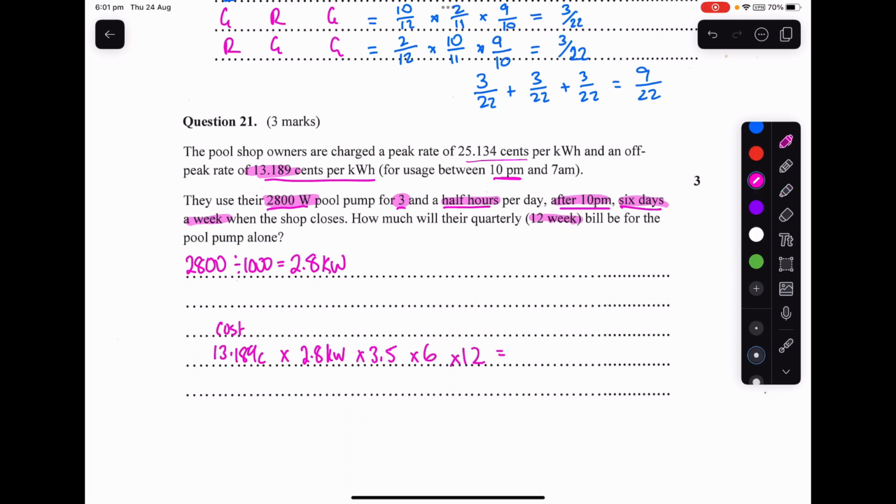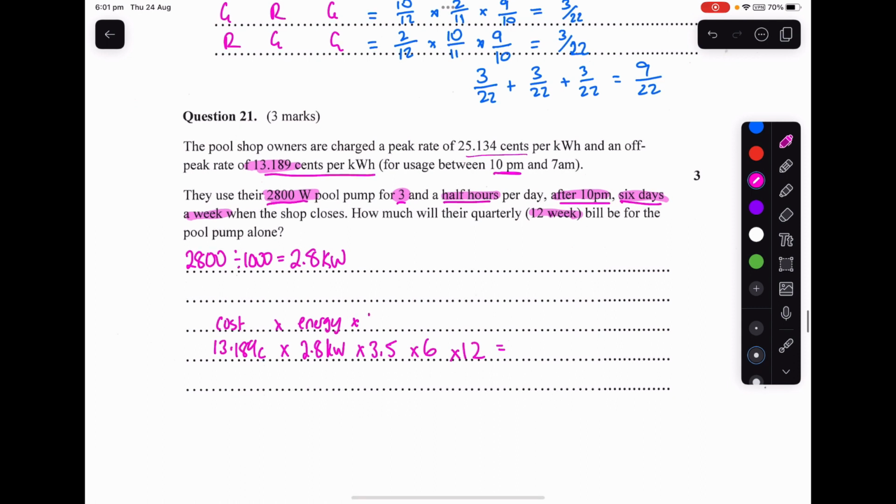So here we have our cost, we have our energy, we have our hours. Well, we'll change energy to kilowatts so you can see what we're doing: kilowatts, hours, days, and weeks. I'm just going to do it all in one calculation. Multiply all of those and we end up with 9306.1584.